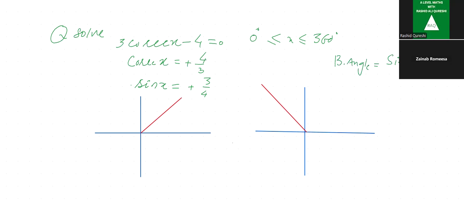So sine inverse of 3 by 4, by using your calculator, you press shift and then sine inverse, just like this.